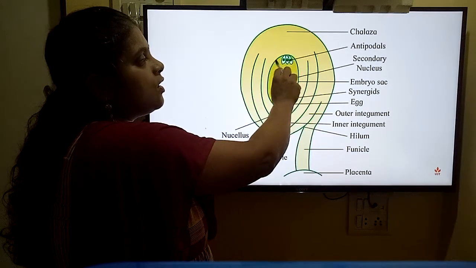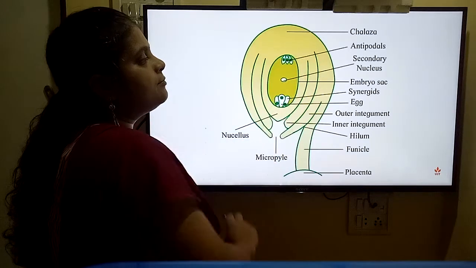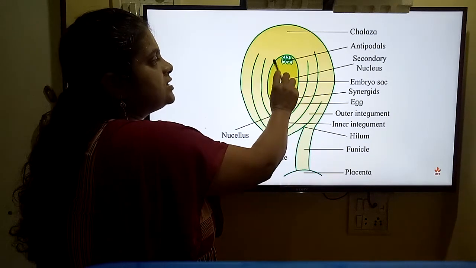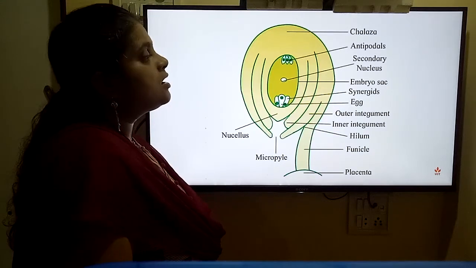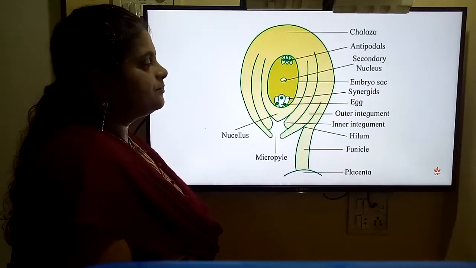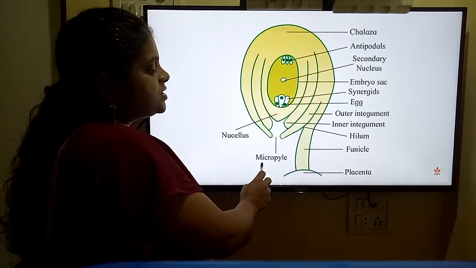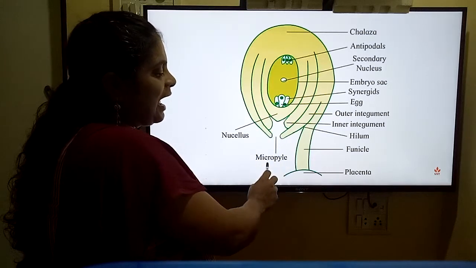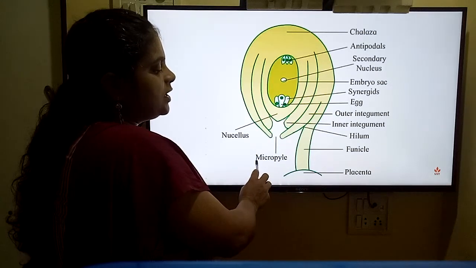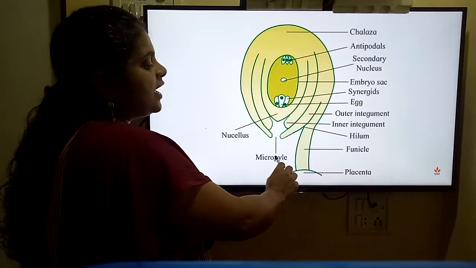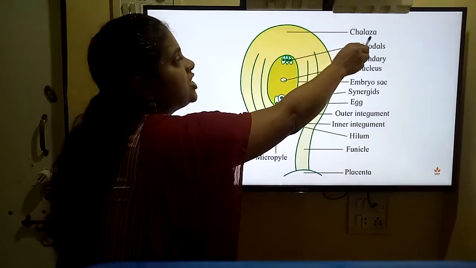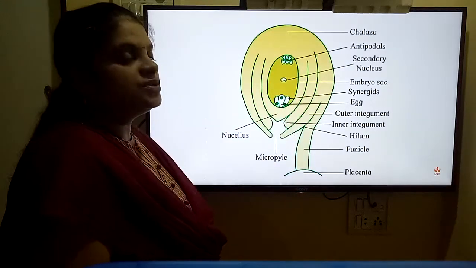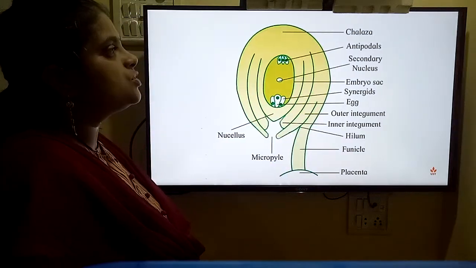The nucellus possesses the embryo sac. So this part is the embryo sac. The embryo sac is also called the female gametophyte. Now there is a small opening at the apex called the micropyle, and exactly opposite to the micropyle is the chalaza at the base. So this is the structure of the anatropous ovule.